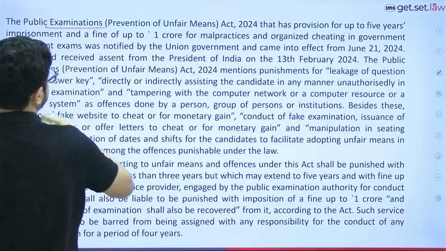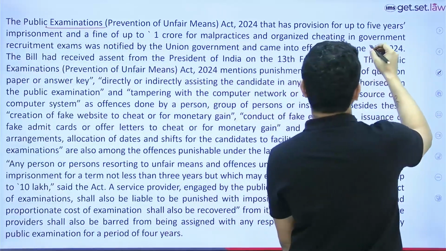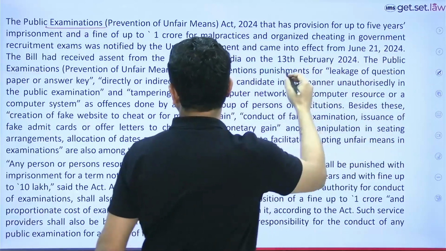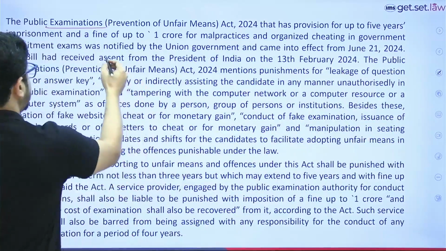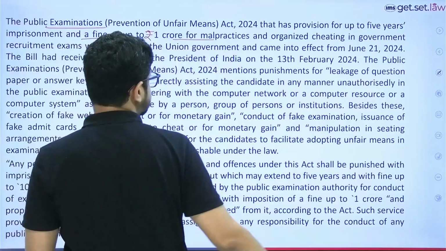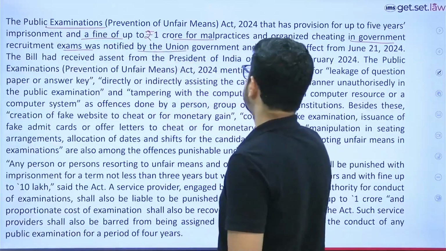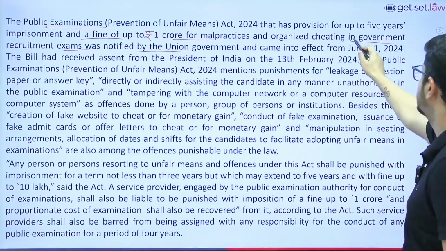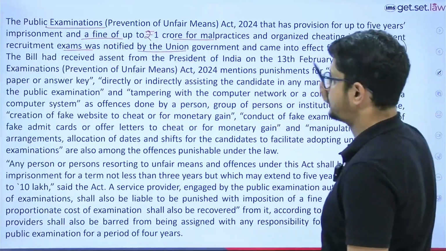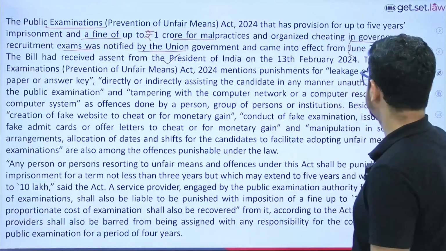The Public Examinations Prevention of Unfair Means Act 2024, that has the provision for up to 5 years imprisonment and a fine of rupees 1 crore for malpractices and organized cheating in the government recruitment exam, was notified by the union government, came into effect in June 2024. Bill got the assent from the president and all these things came into the picture.